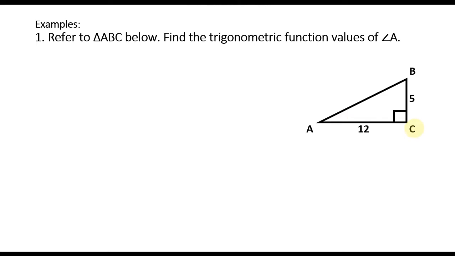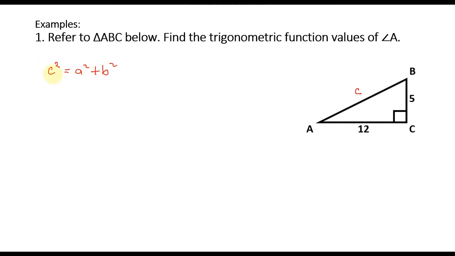Since opposite of angle C is the hypotenuse, I'm going to name this hypotenuse as small letter C. So the formula for the Pythagorean theorem is C squared equals a squared plus b squared. C stands for the hypotenuse, and A and B are the legs of the right triangle.